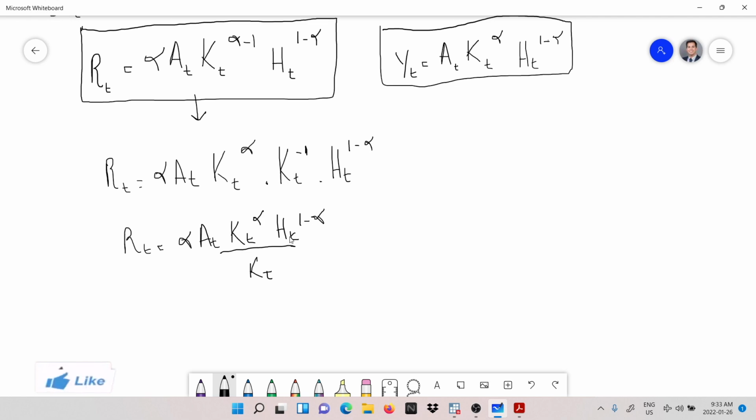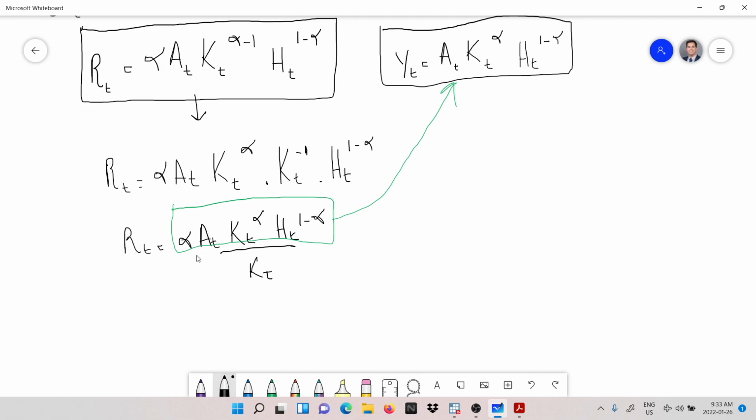If you take a look, I'm going to pick another color. I'm going to go with green. If you take a look at the numerator, it is basically the production function. As you can see here, it's AT KT^alpha HT^(1 minus alpha).